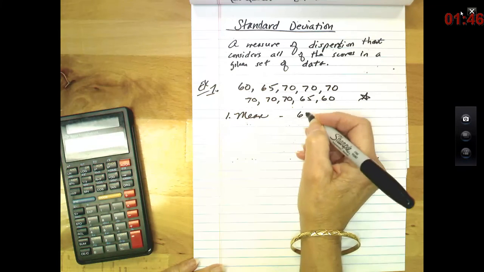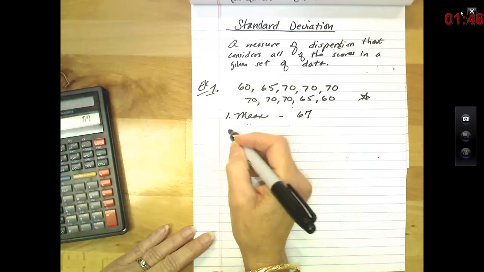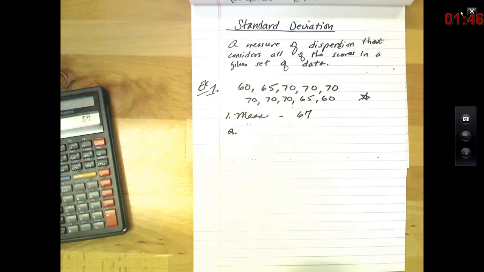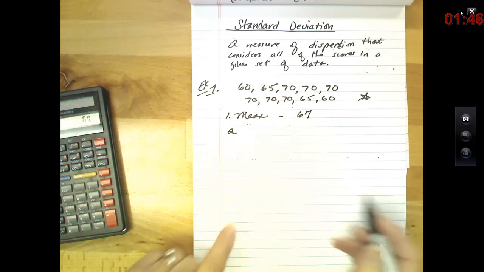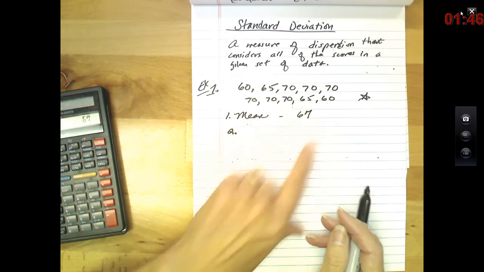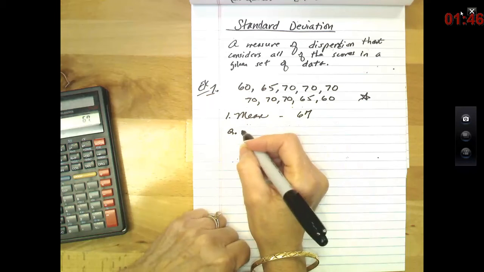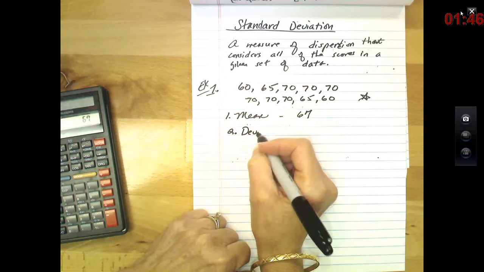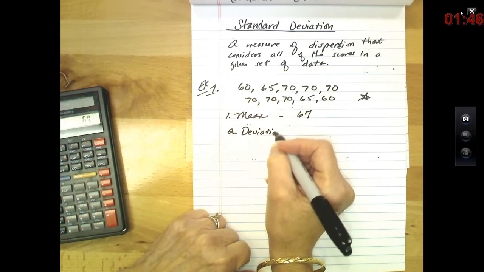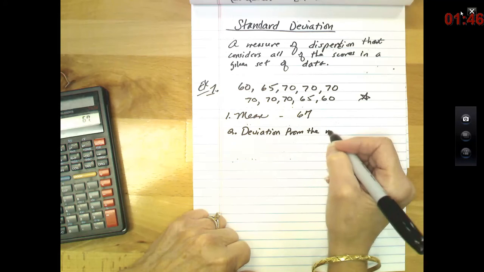Okay, 67, right? Now, the second thing you do is find out each score's difference from the mean. This is called the deviation from the mean.